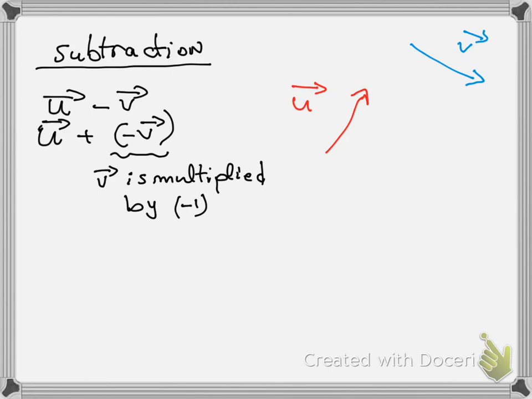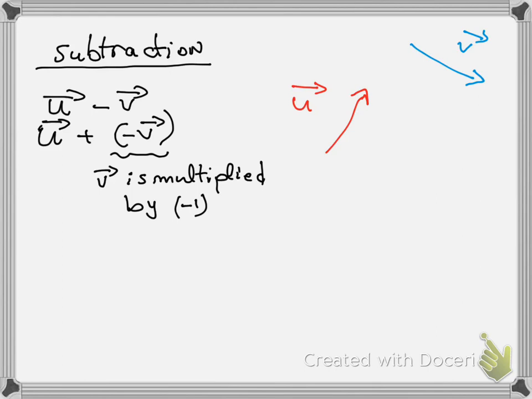Well, minus v is the vector whose length is the absolute value of negative 1 times the length of v. The absolute value of negative 1 is just positive 1. So that's a vector whose length is 1 times the length of vector v, so it has the same length as the vector v.